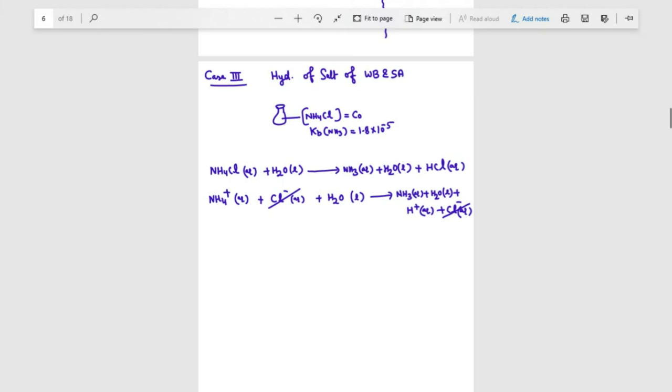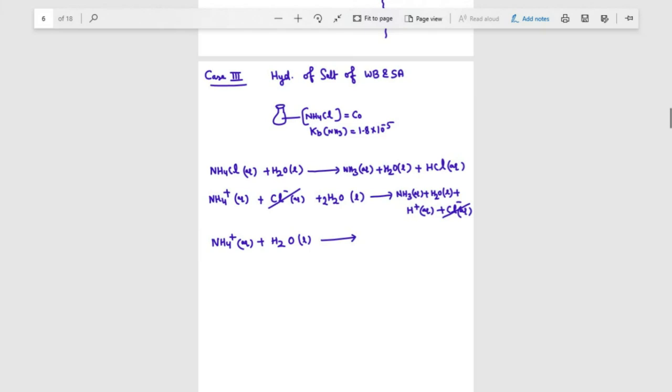So what is happening? NH4 plus in aqueous state is reacting with a water molecule, and it is giving H plus to the water molecule, right? So here 2 molecules of water we should write in order to balance all these things.